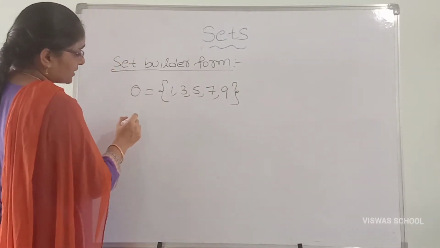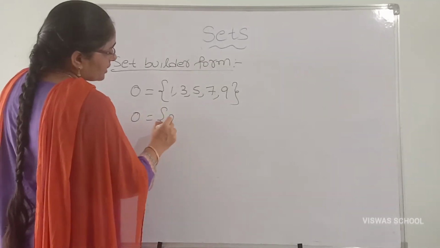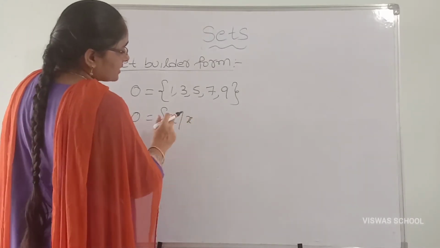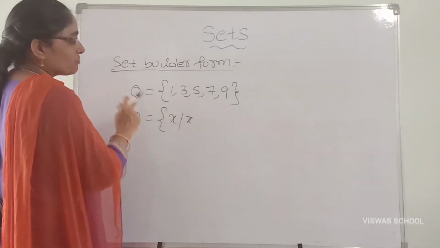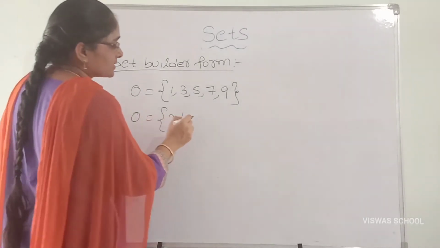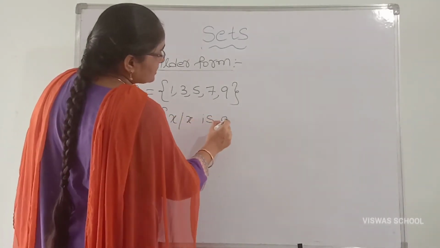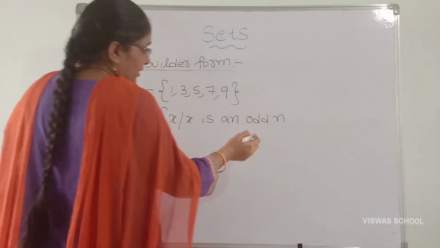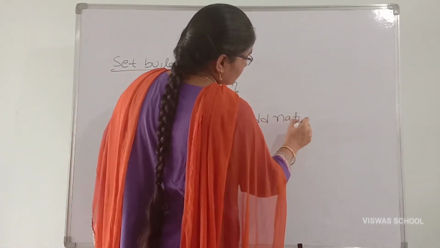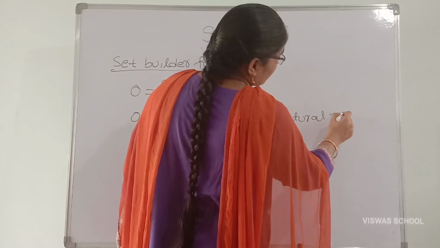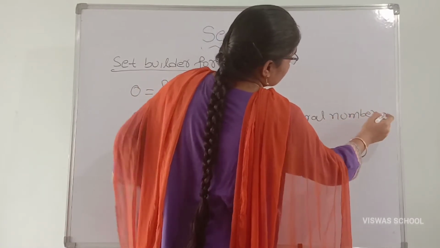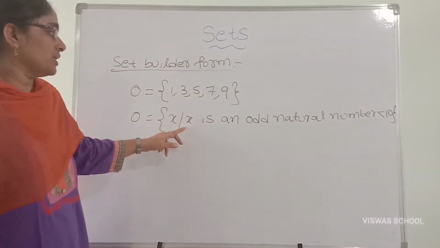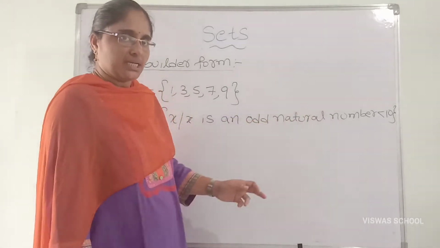For example, x such that x is an element in O. That is, x such that x is an odd natural number less than 10.